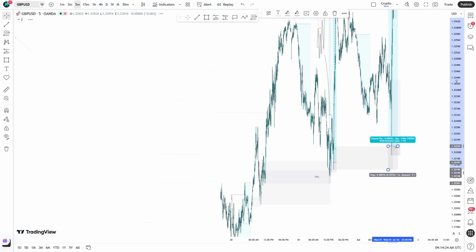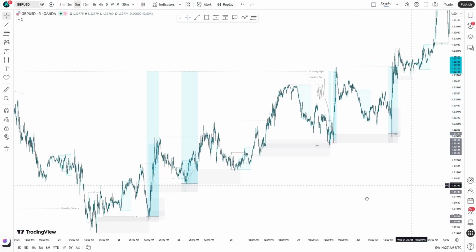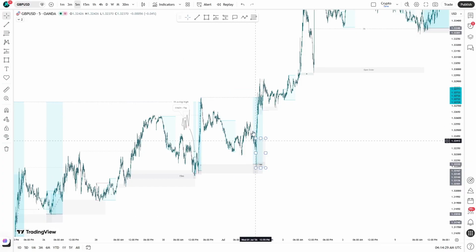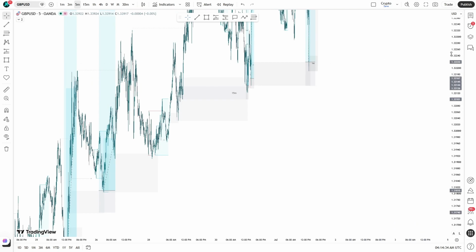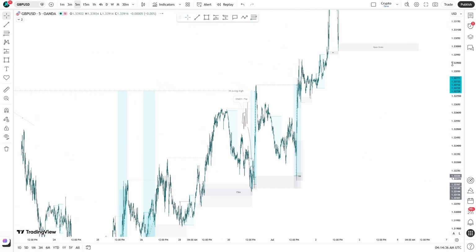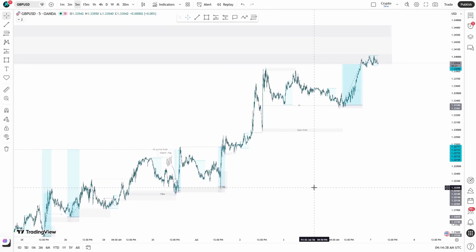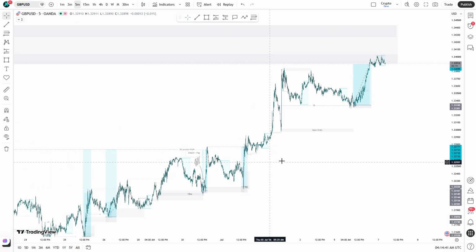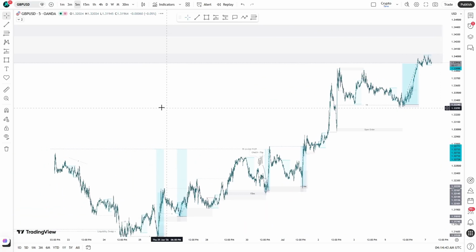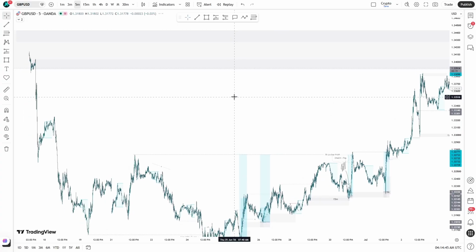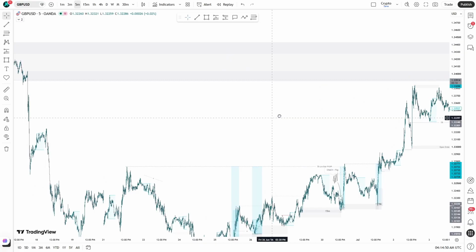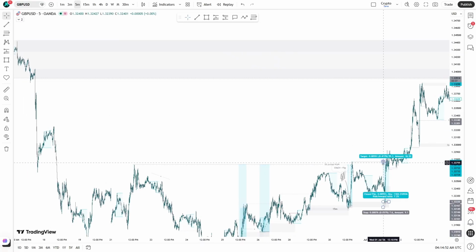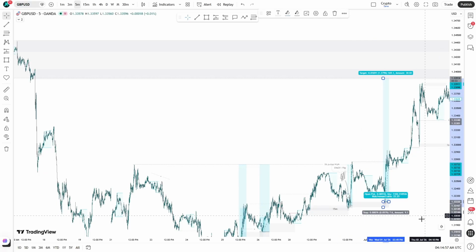We took the trade from that point, and the take profit gave us a total of 1 is to 8. That's correct. Now, Jimmy also extended to this higher time frame supply, which would give us a total of 1 is to 27.